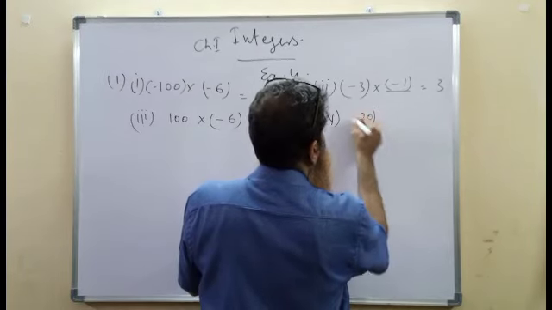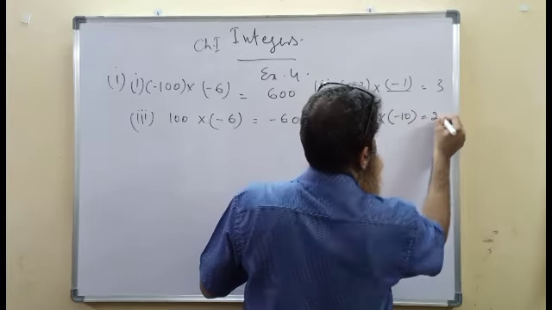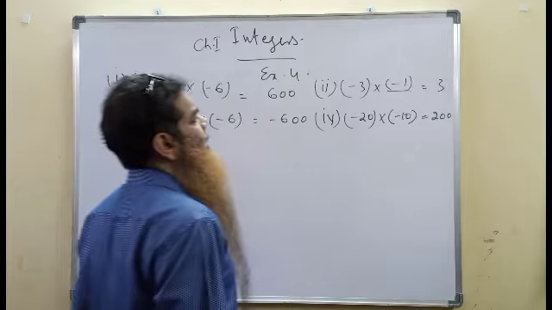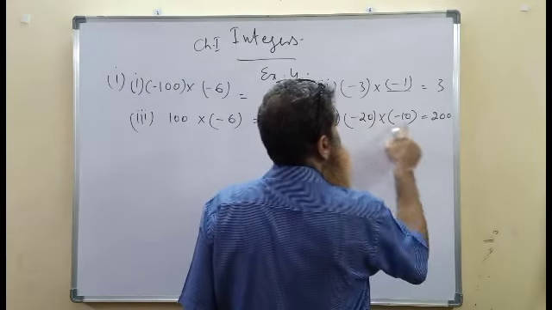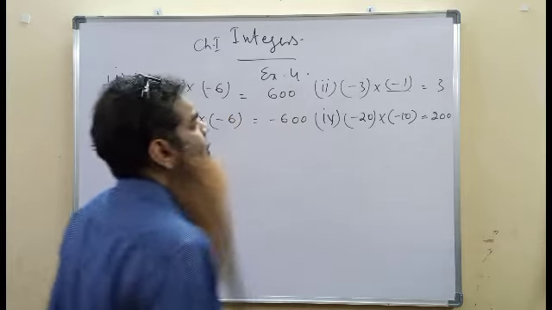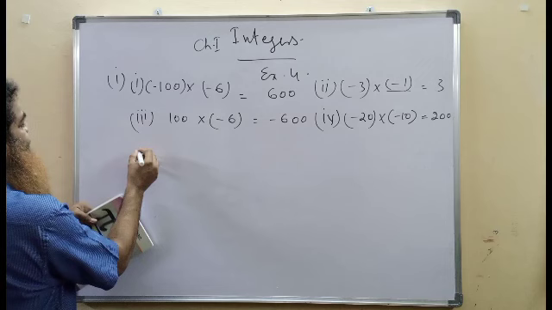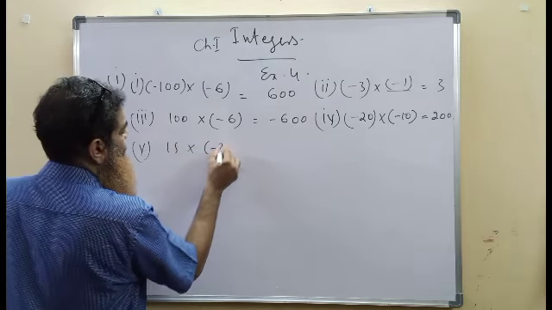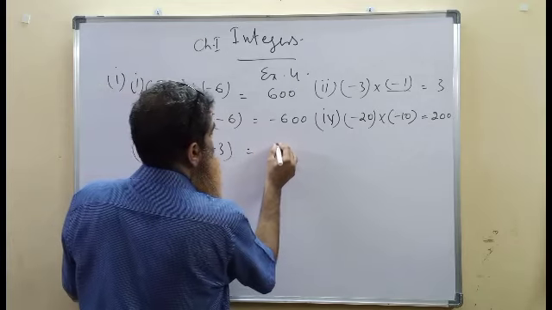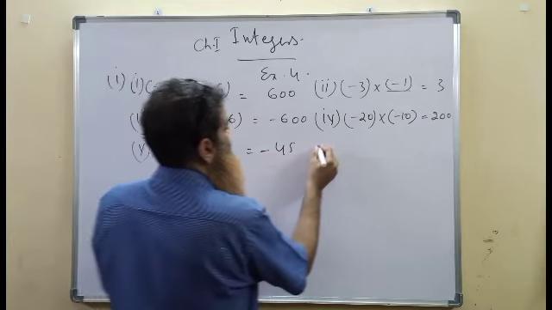Two negative integers, we get a positive integer as the result, 200. 2 into 1 is 2, then 2 zeros, 20 tens are 200. Fifth one, 15 into minus 3. We have one negative integer, so we get a negative integer as the result, minus 45.